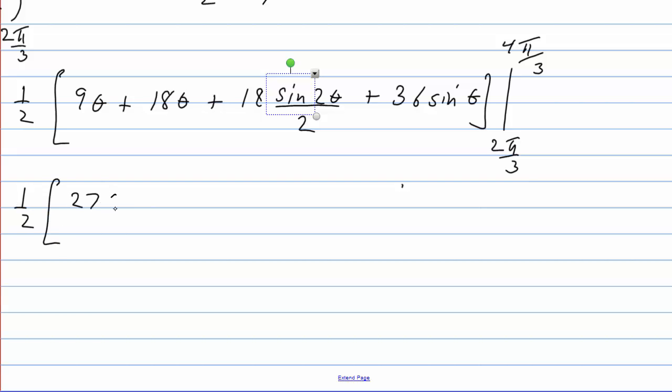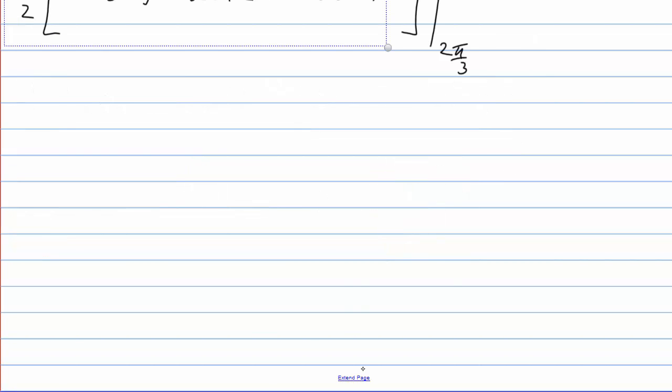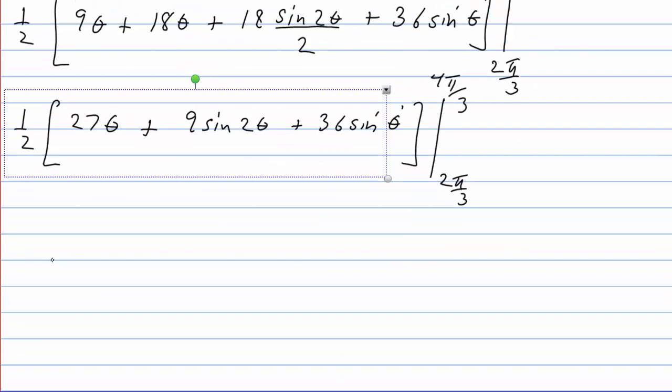So this is 27 theta plus 9 sine of 2 theta plus 36 sine of theta, all from 2 pi over 3 to 4 pi over 3. It's kind of messy, but let's just go through it.